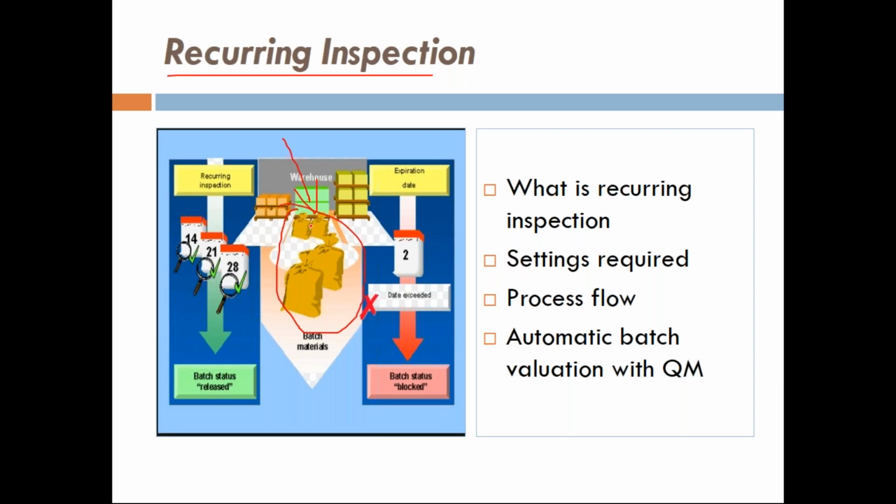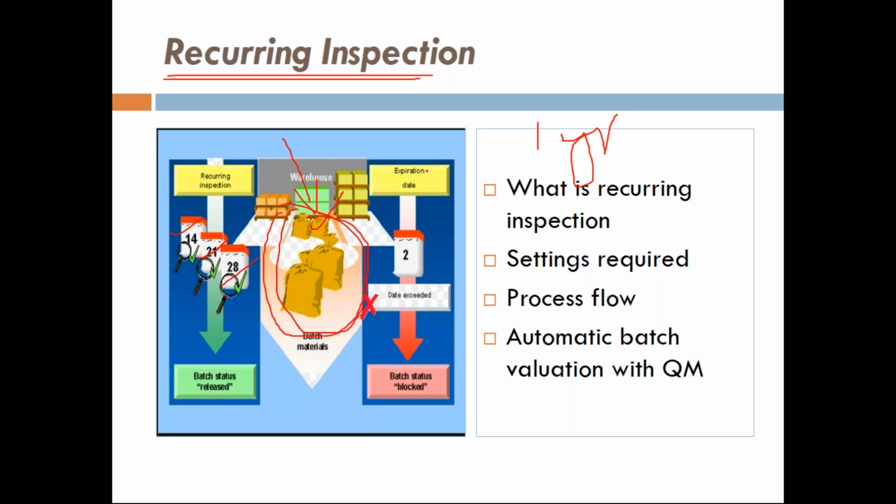But even though you do a one-time quality inspection, as per the regulatory norms, you have to do retesting periodically, like after every 1 year. After every 1 year, you have to do quality inspection again on the leftover quantity of that material. That is called recurring inspection, nothing but retesting.